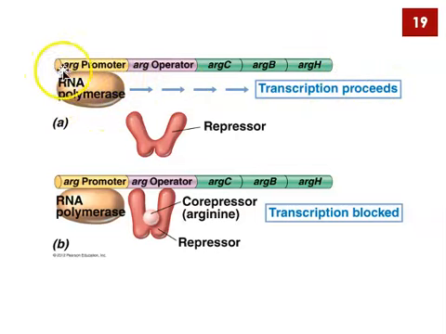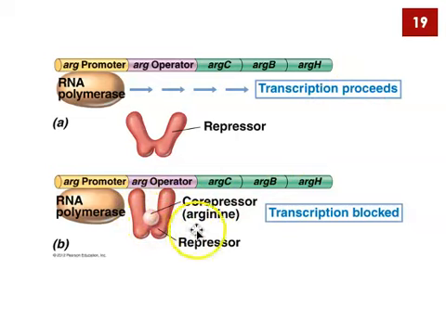Here, this RNA polymerase enzyme is binding to the promoter, and now it's going to go ahead and transcribe these structural genes so that we make these enzymes and we build some arginine. But now we're going to imagine the situation where there's plenty of arginine around. And they've drawn the arginine as this little pink ball this time.